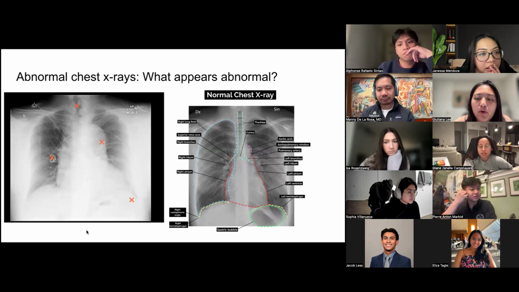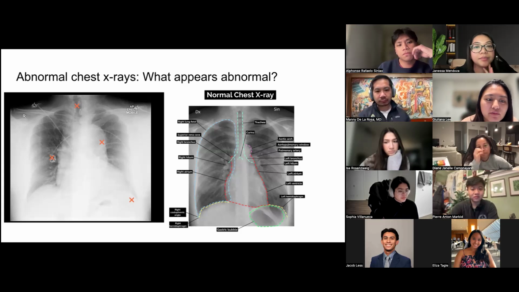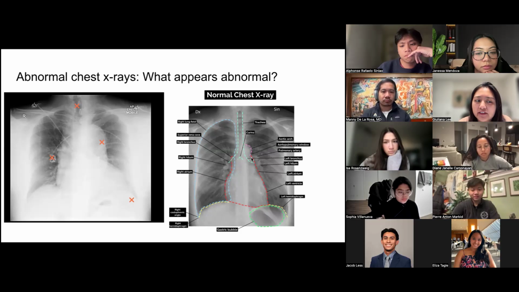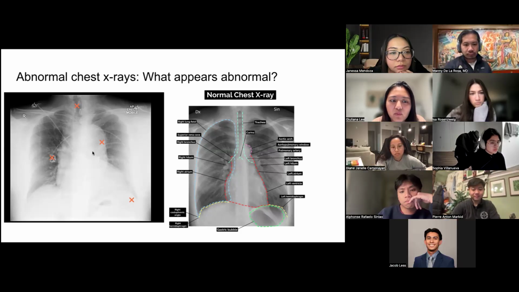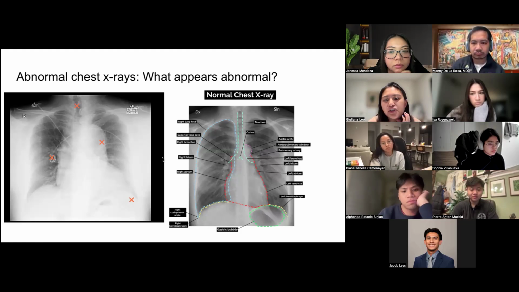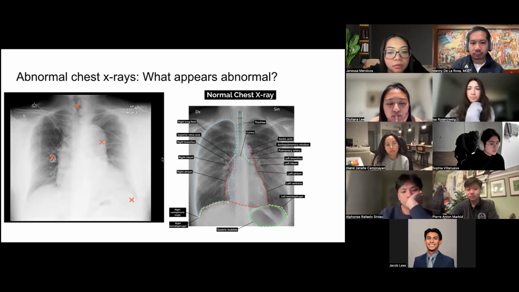Yeah, it is a widened mediastinum, and what we'd call out is if you see on the right side the normal chest X-ray, there's that pink outline of the aortic arch, and sometimes that can be called the aortic knuckle. But that looks very different in the one on the left-hand side. It's quite wide. The entire middle area is widened, and you lose that knuckle shape.